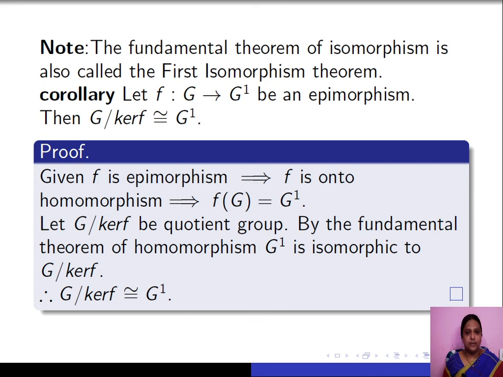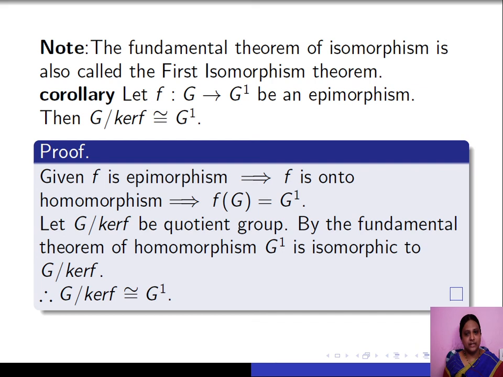Given f is an epimorphism. Epimorphism means f is onto. Onto homomorphism means f of G is equal to G dash. So f of G equals G dash here. G by kernel f is a quotient group, because kernel f is given. So this is the quotient group and this is the homomorphic image.